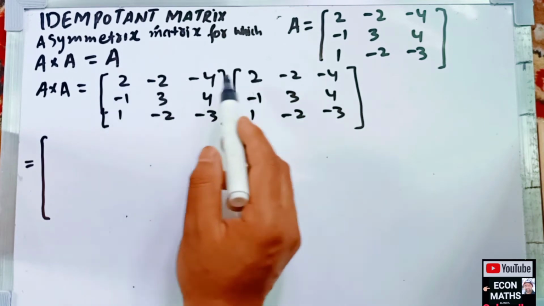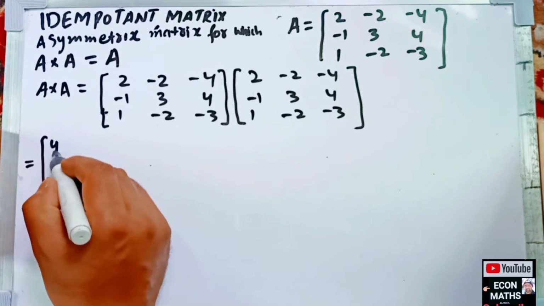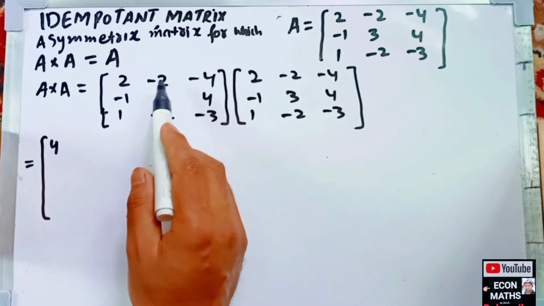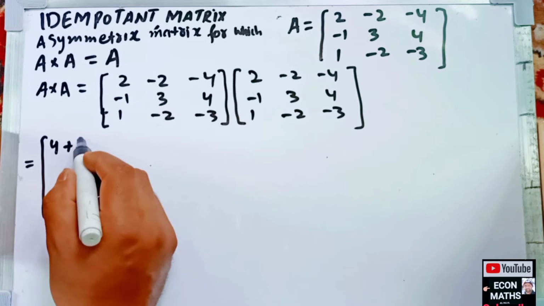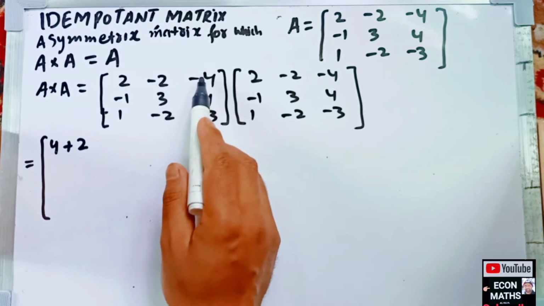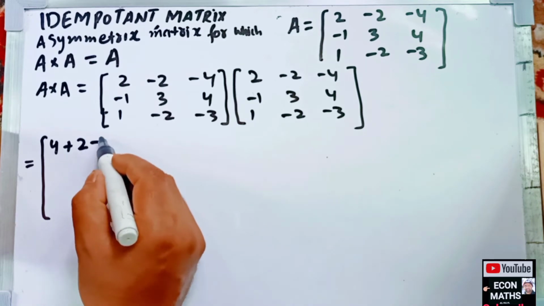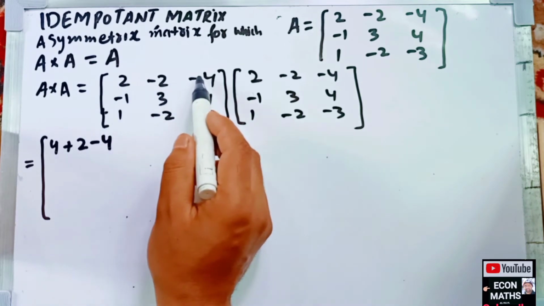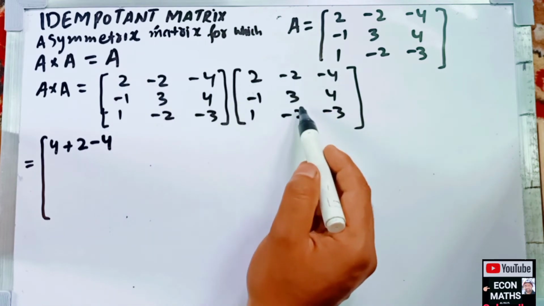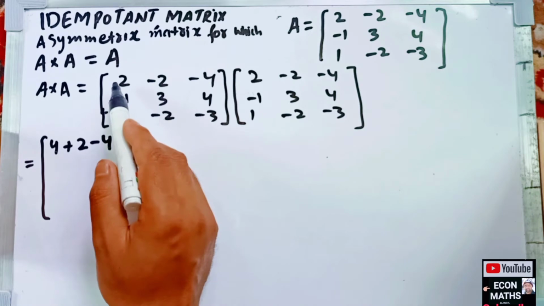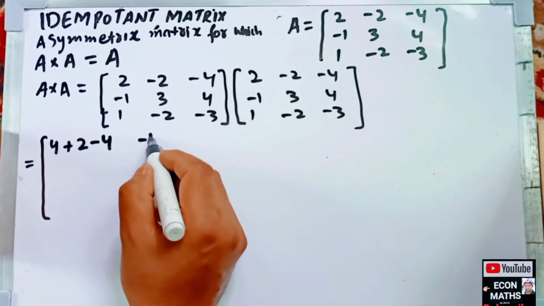So this will give us 2 into 2 is 4, so I will write here 4. Similarly minus 2 times minus 1, that is plus 2. Similarly minus 4 times 1, that is minus 4. So this was first row, first column. Similarly first row, second column, that is 2 into minus 2, that is minus 4.